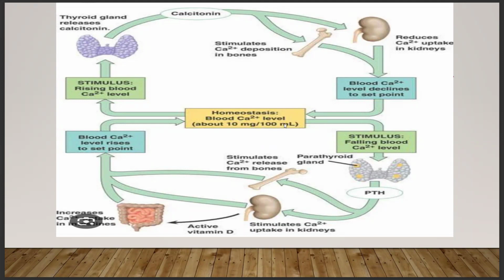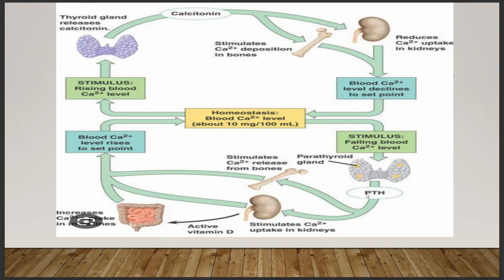First of all, we have to learn about the mechanisms. So first, the homeostasis for the blood calcium level is about 10 milligram per 100 ml. If there is any decrease or fall in the blood calcium level, that acts as a stimulus for the parathyroid gland. It is situated on the posterior aspect of the thyroid gland. Because of this stimulus, the parathyroid gland will produce the parathyroid hormone.